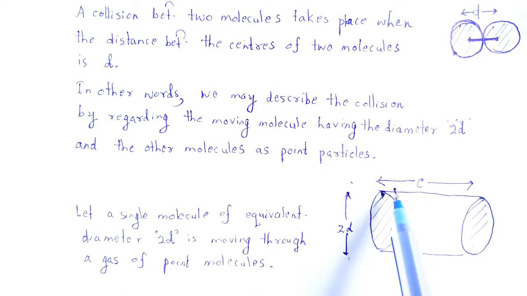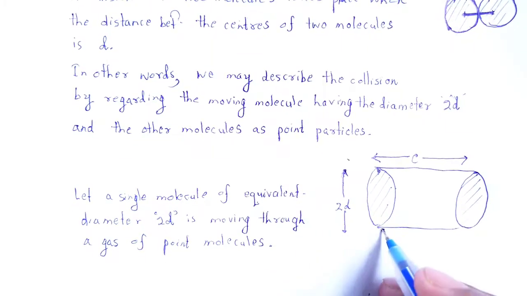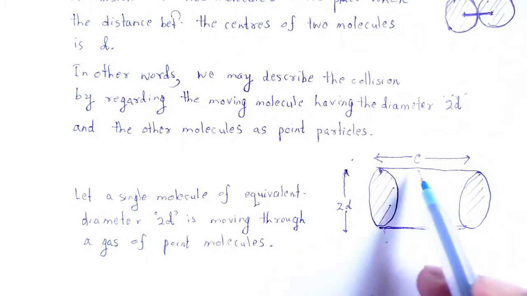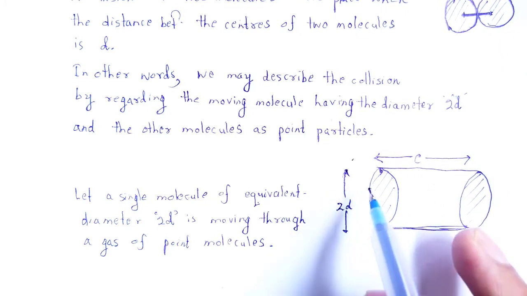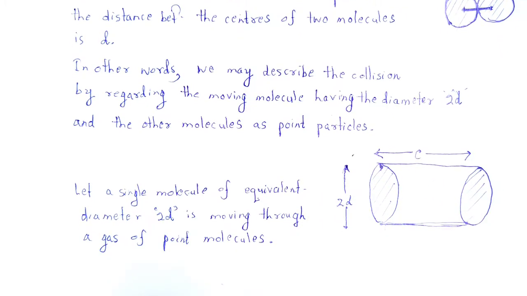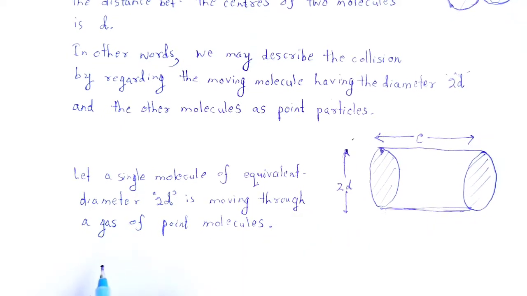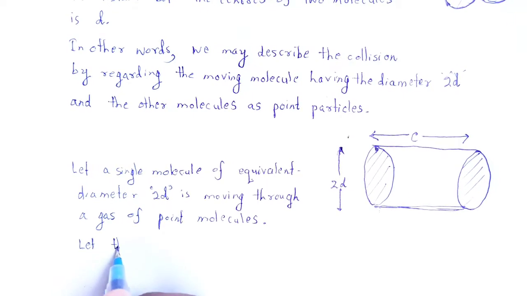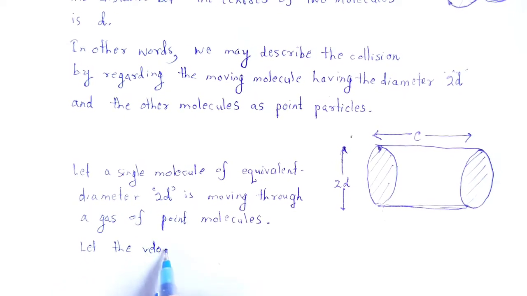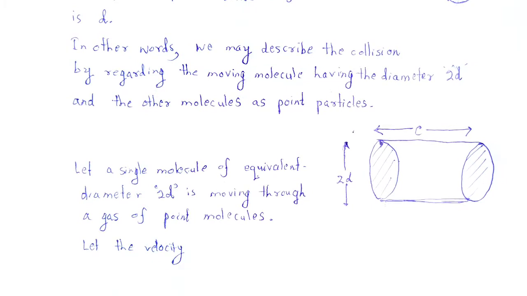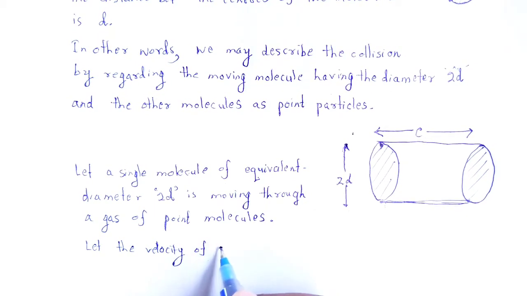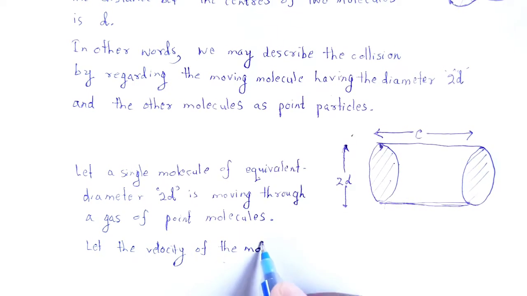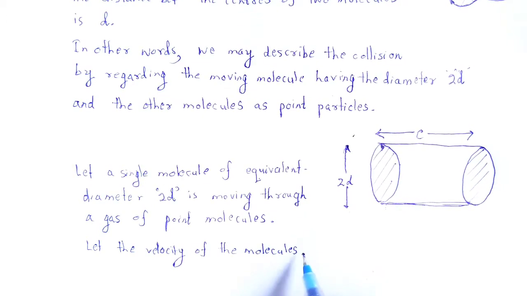Let the velocity of the molecule be c. Let the velocity of the molecules that pass through that of diameter 2d be equal to c.